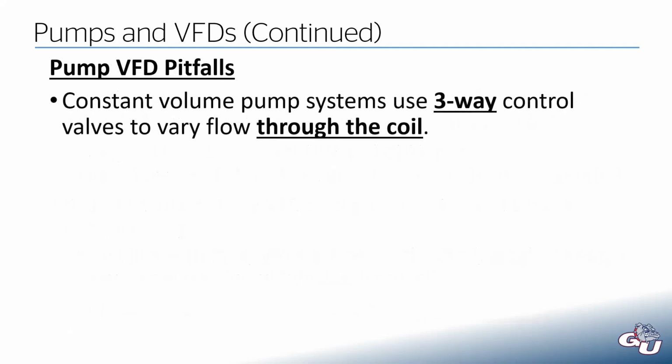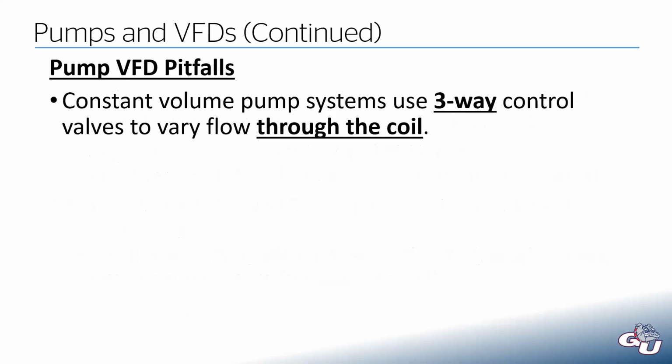Constant volume pumps. So recall that these pumps are, let's say we have a hot water system. These pumps are sending hot water out into the system to all of these hot water coils at our air handlers. And at every one of those hot water coils, they have what's called a three-way control valve.